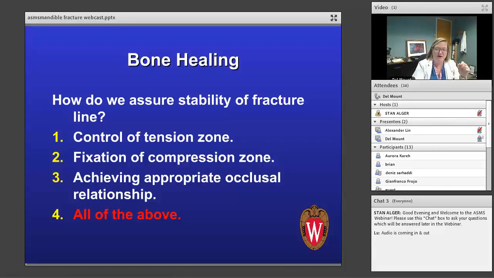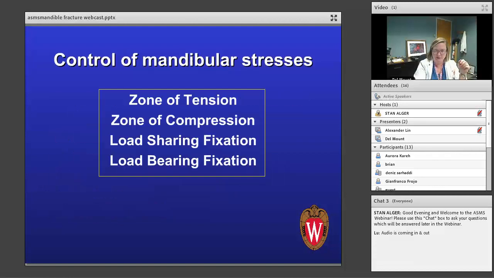So during our reduction, again with this three-dimensionality, we're going to try our best to get the bone pieces to line up exactly properly. We're going to get our arch form, again the St. Louis arch, to really line up in a proper arch form so we don't have crossbite. And then we're going to fixate it to control for tension and compression zones.